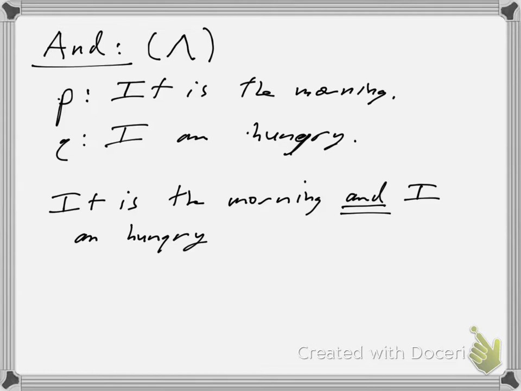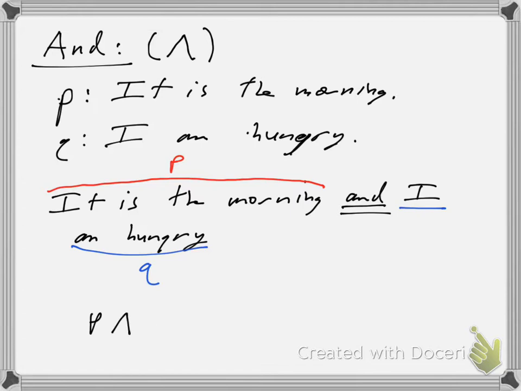So the way I'd write this is, it is the morning is the statement P. And the statement I am hungry is the statement Q. So the way I'd write this is P and Q. Okay, P and Q. So right now we're just practicing writing these statements in the notation. So this would be my answer. That's how I'd write the statement.